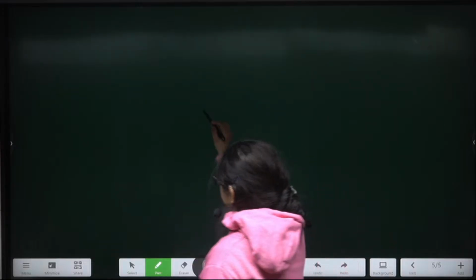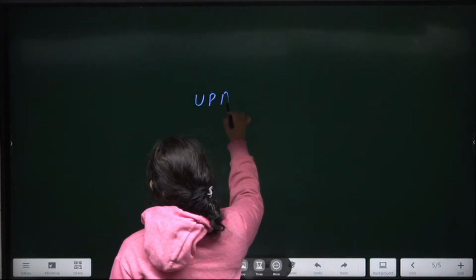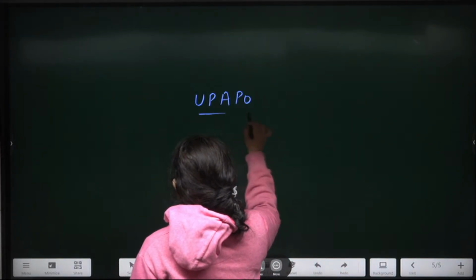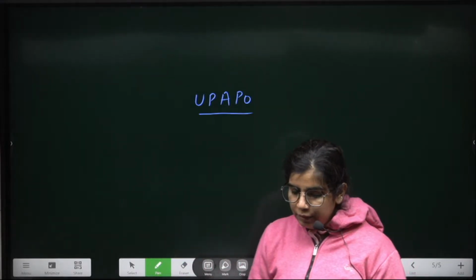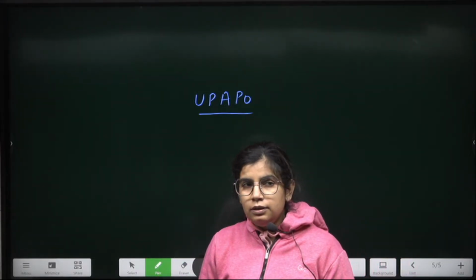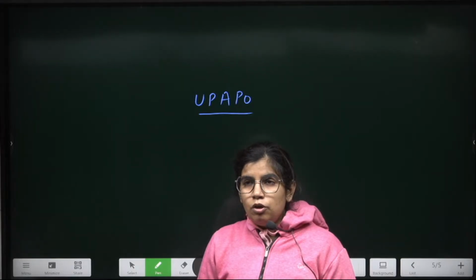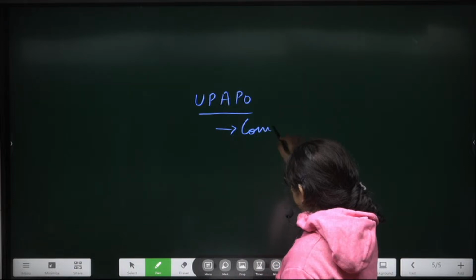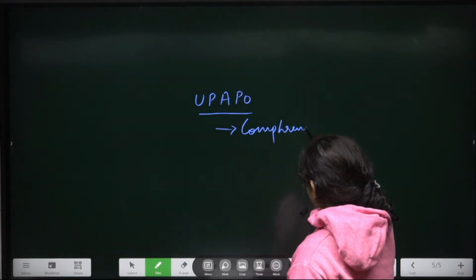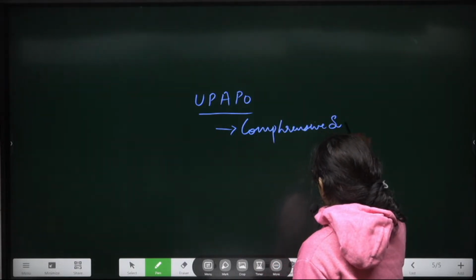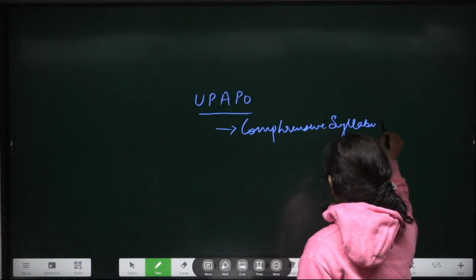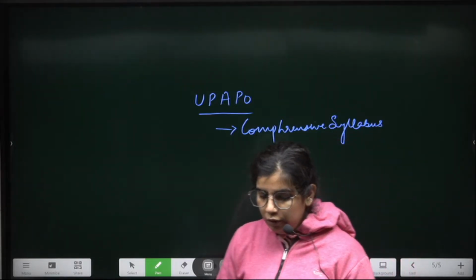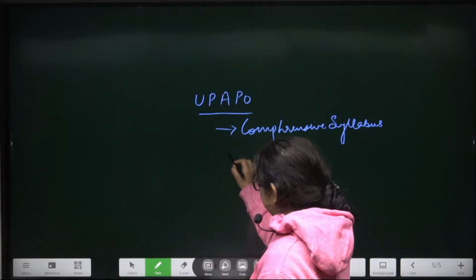Moving on, we have the second exam, that is UP APO. It is a more comprehensive paper, with a comprehensive syllabus. Then you have the largest competition pool.